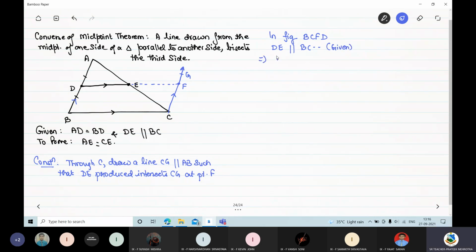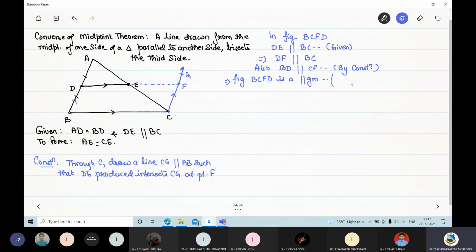So this further implies that DF will also be parallel to BC because it is the same line which was produced. Also, we can say that BD is parallel to CF because this is by construction. So if both pairs of opposite sides are parallel, then the quadrilateral is a parallelogram. So this implies that figure BCFD is a parallelogram.